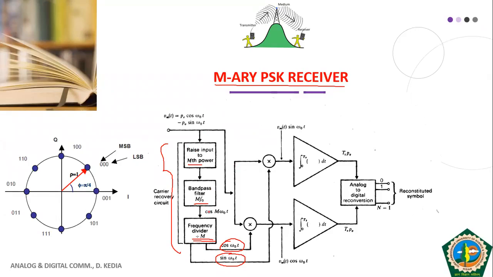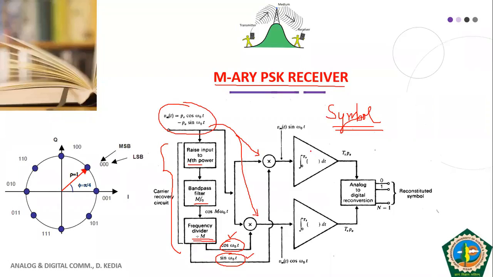This is our carrier recovery part, and after the carrier has been recovered from the received signal, the received signal will be multiplied in these quadrature branches the way we did in our QPSK receiver. The signal that I'll be receiving corresponds to one symbol, and that symbol has n bits.